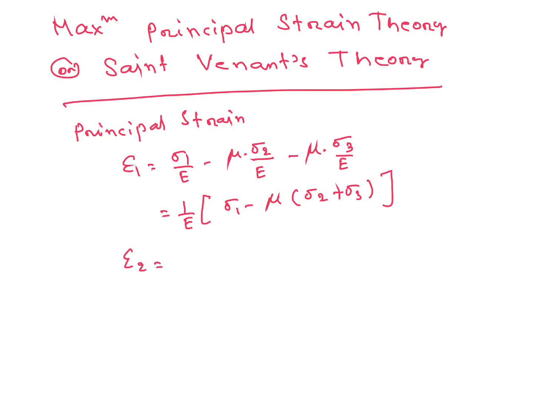Strain 2 is 1 by E sigma 2 minus mu into sigma 1 plus sigma 3.